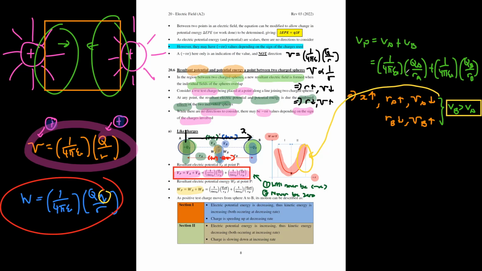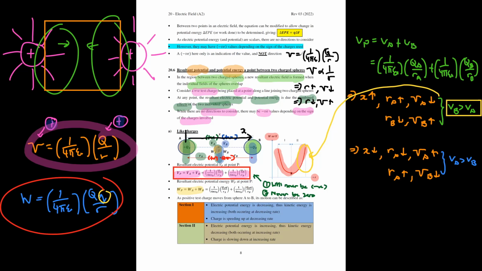Then if, for example, your x was decreasing, your RA will be dropping, so your VA is increasing, but conversely your RB would be increasing, so VB would be dropping. In such a case, your VA becomes more than your VB.